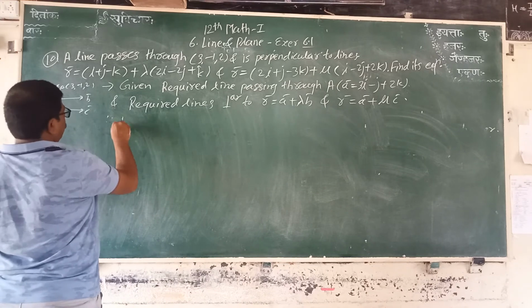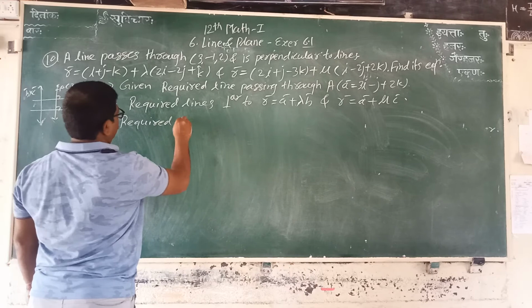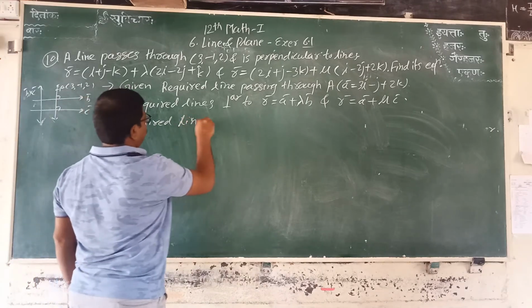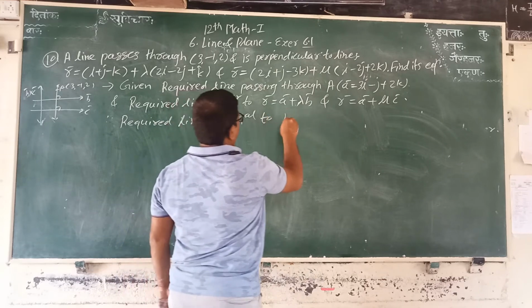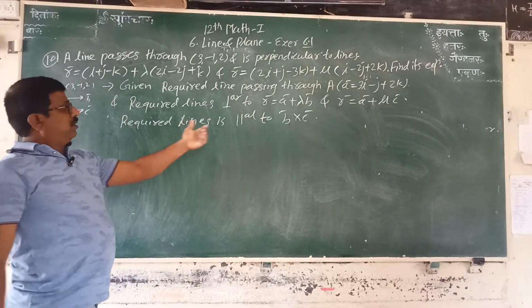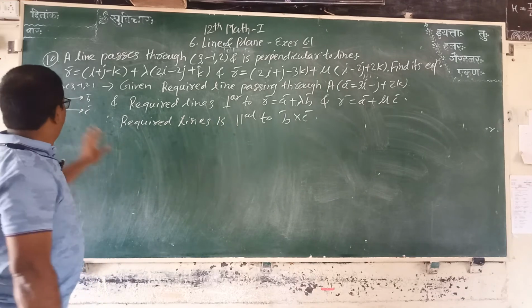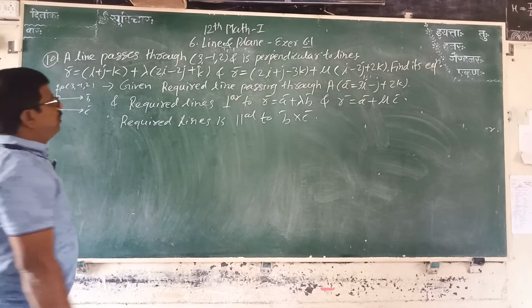Therefore, the required line is parallel to B bar cross C bar. Here we write the conclusion from this diagram.